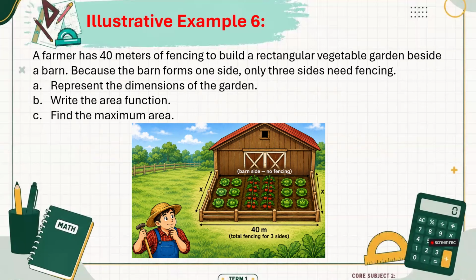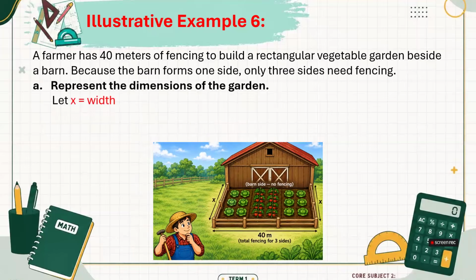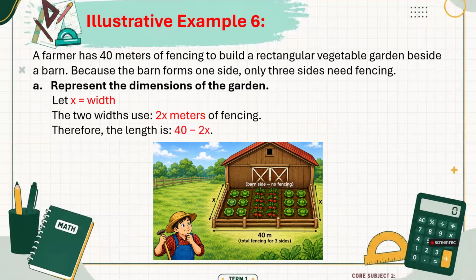So first, we represent x as the width of the barn. But remember that there are two widths, right? So together, we use 2x meters. Well, the total fencing is how many? 40.